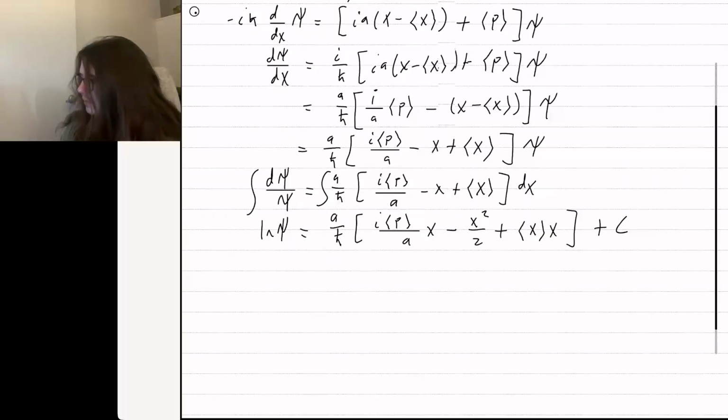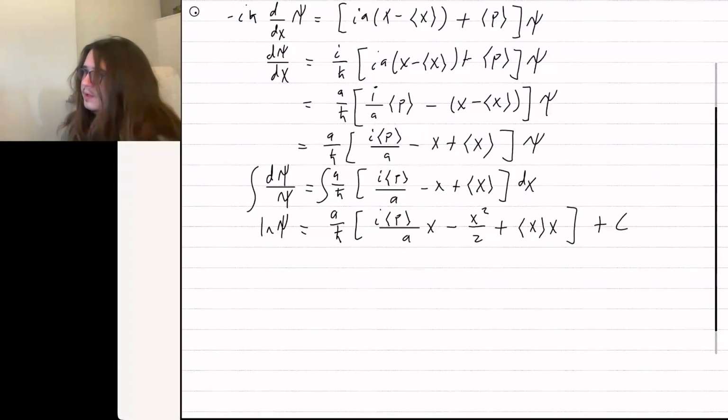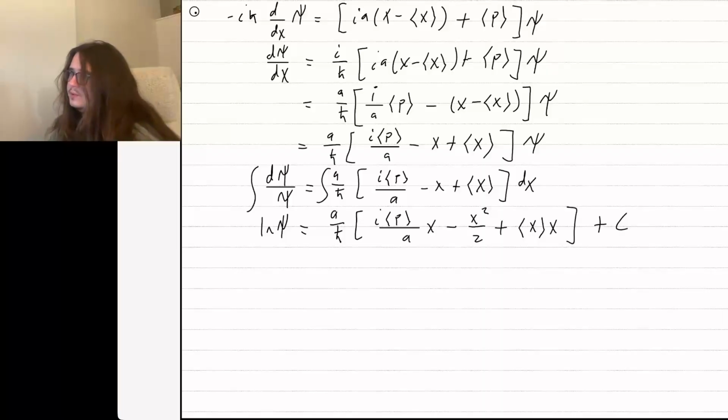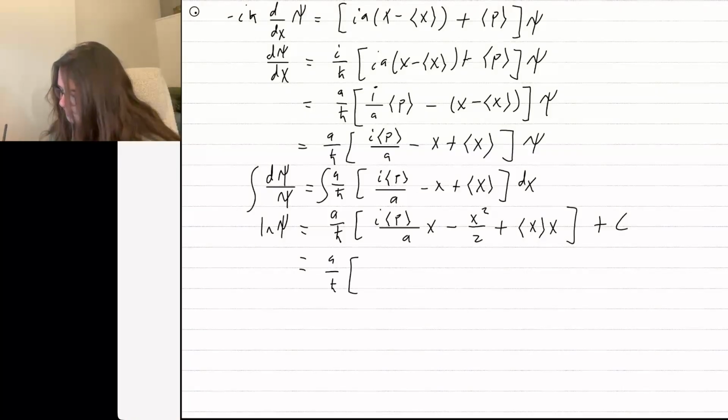So what we're going to do now is try to complete the square. You notice I have minus x squared over 2 plus expectation value of x times x. What's missing is expectation value of x squared over 2. So let's just add that piece inside the brackets and subtract it outside the brackets.